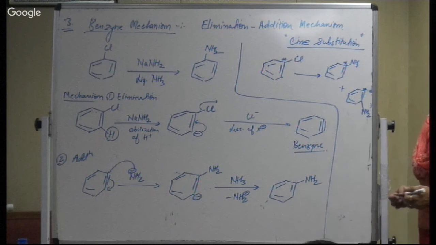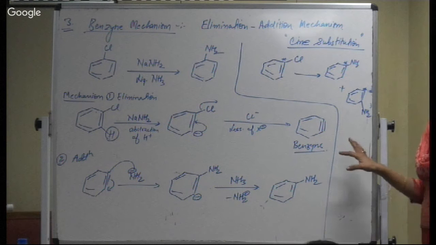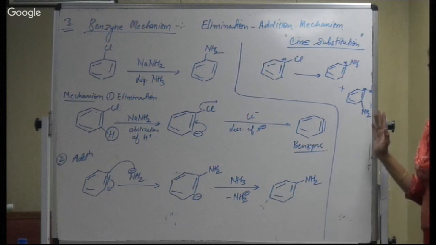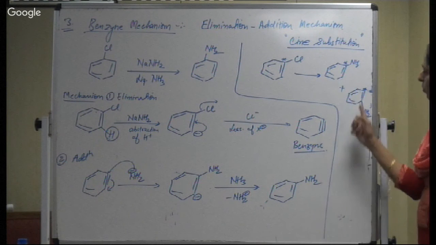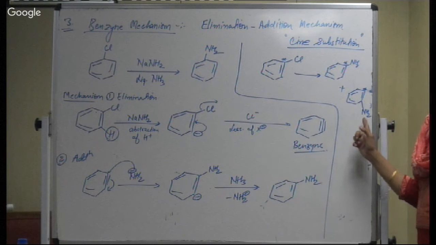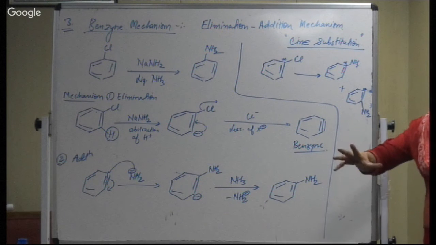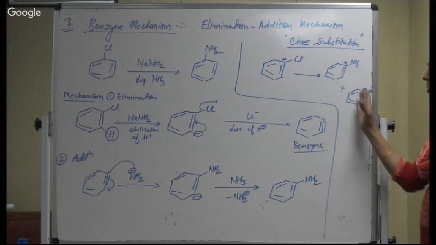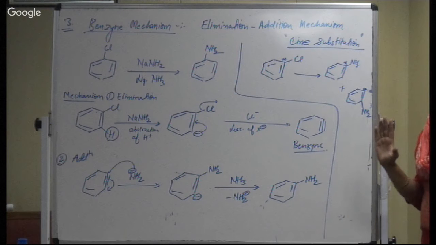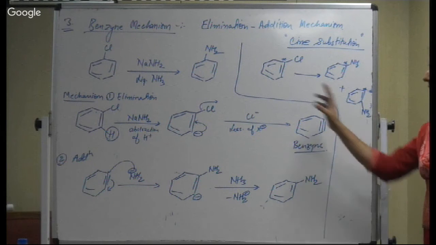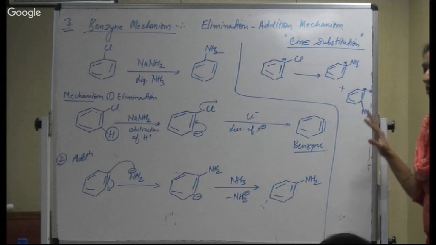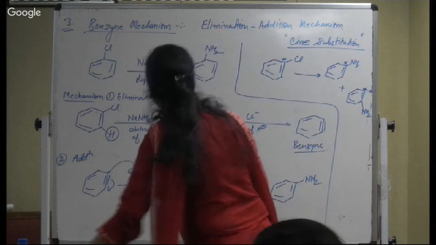Both the products were obtained. That you can identify, that nitrogen is attached to the isotopically labeled carbon or not. Since both the products are being formed, it's a clear indication that there is a movement of group. The incoming nucleophile has a chance to attack at this or at this. Am I clear to everybody? It's an experimental fact that the labeled compound is giving both. So there is evidence that benzyne is formed.